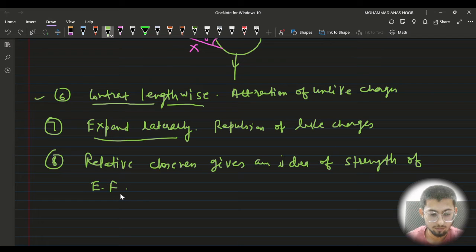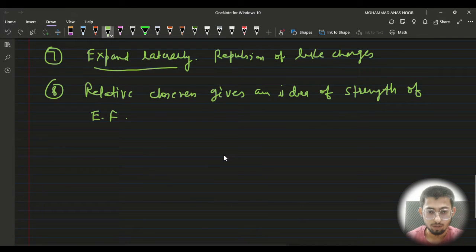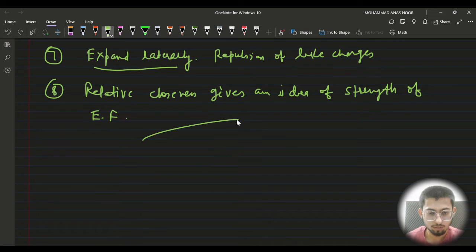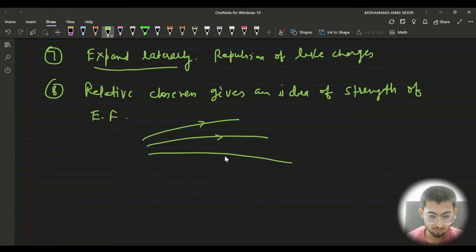The strength means the magnitude, like 10 newton per meter or 20 newton per meter. For example, at the points A, B, C, and this, E, F, G.